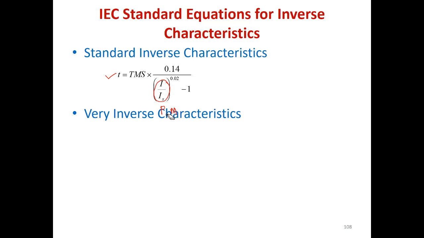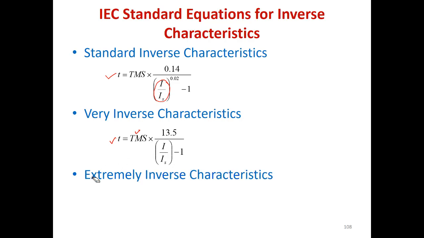Then another characteristic is the very inverse characteristic, where the equation is similar, but the coefficient and the power have changed: TMS multiplied with 13.5 divided by (I by IS) to the power 1 minus 1.